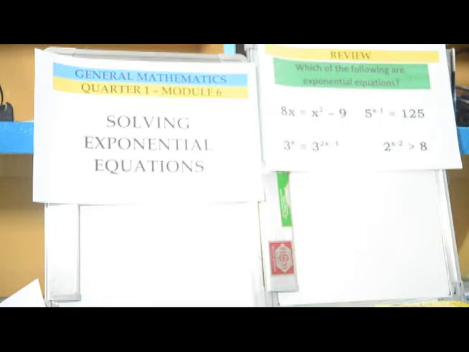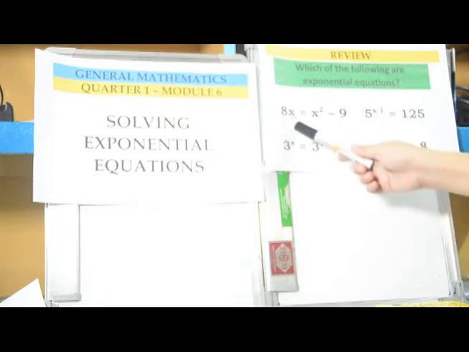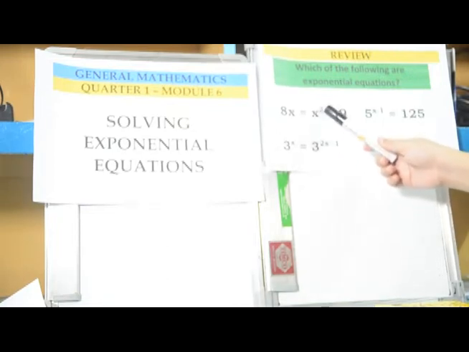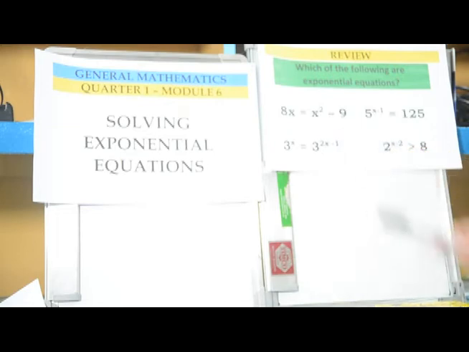So let's try this. There are 4 examples of expressions, and let's try to identify each expression if it is really an exponential equation. So try to look at the first expression. We have 8x is equal to x squared minus 9. Do you think this is an exponential equation?